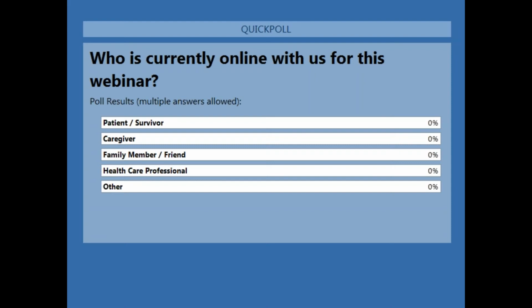Indicate if you're a patient, a caregiver, a family member, a friend, a healthcare professional, or other. I'll give everybody a second to respond. I don't see anybody responding right now. Wondering if we're having some technical difficulties here. It won't let people click. Okay, we will come back to that.